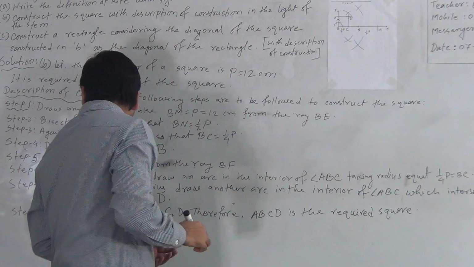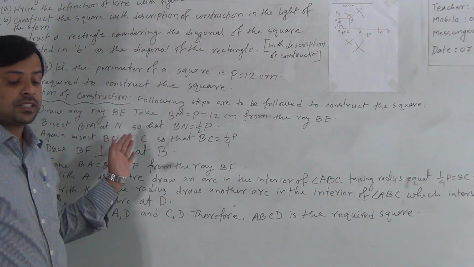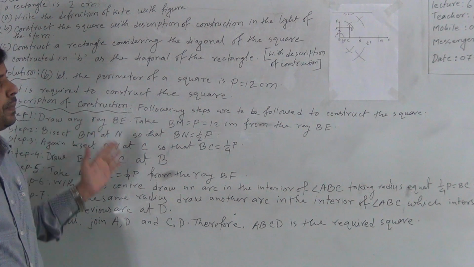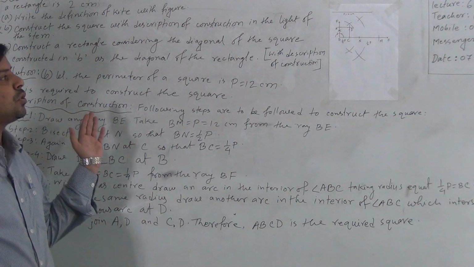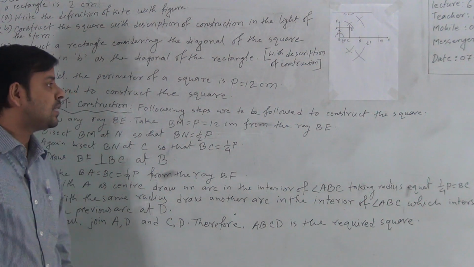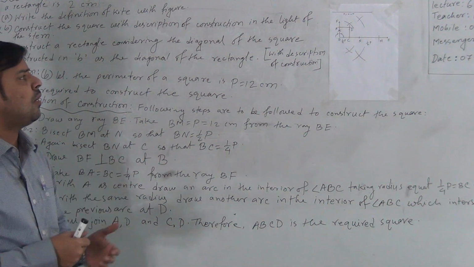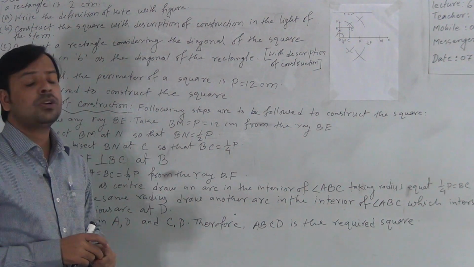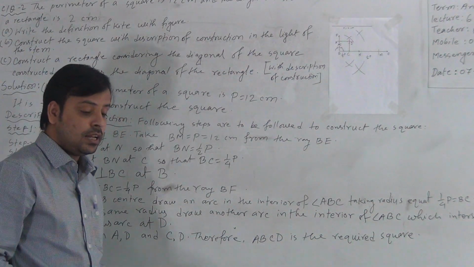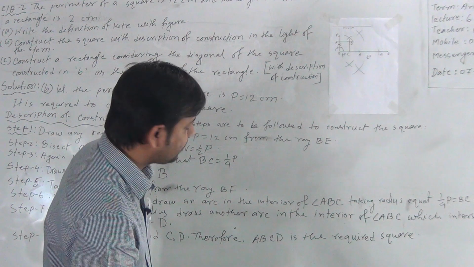Okay, dear students, I hope you have understood how to complete question B. Now I'll show you how to solve question C. To solve question C, we need the diagonal of the square drawn in B. So at first I'll take the diagonal.